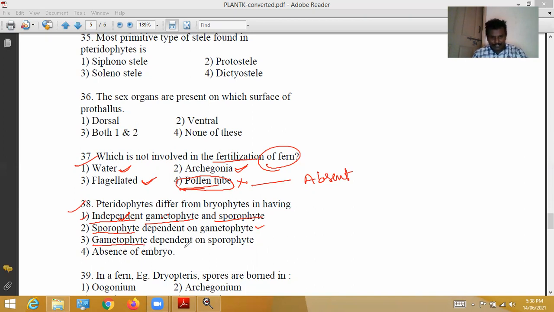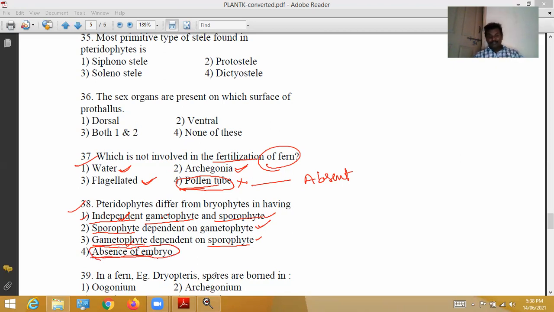Yes, for the sporophyte forms spores, and for that purpose the gametophyte is dependent on the sporophyte. So these three are correct options, and they are not differentiated. In pteridophytes all three options are found, but the absence of embryo is different.